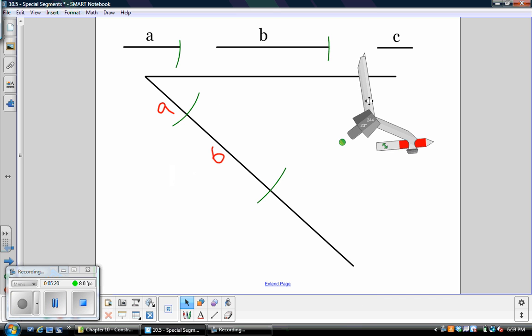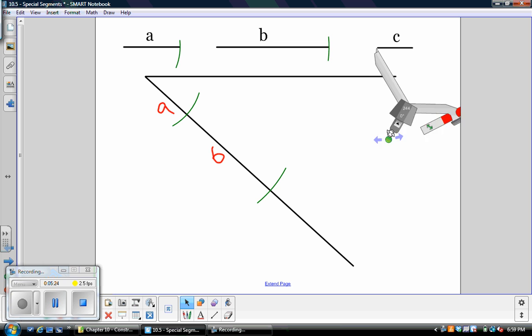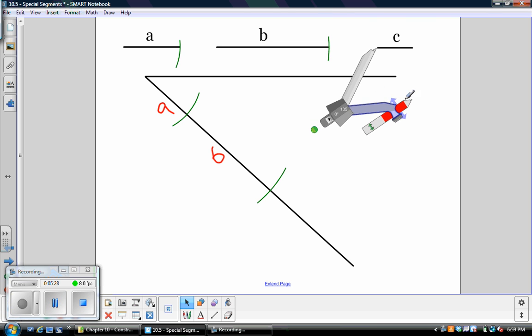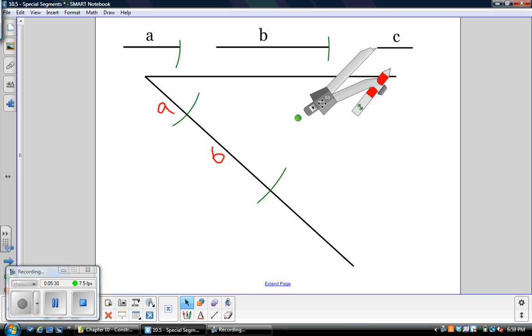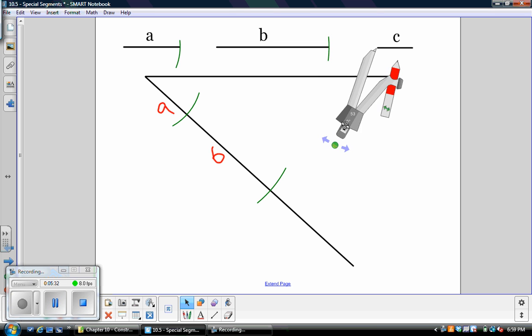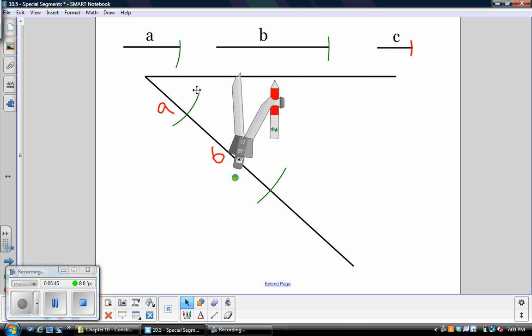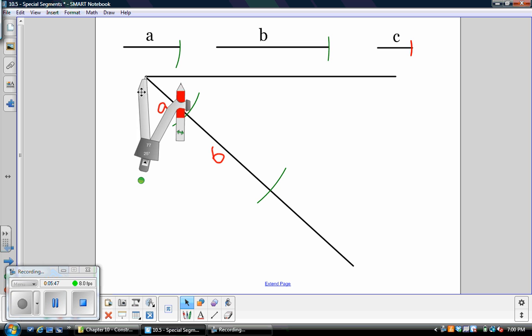On the other angle, mark off C on the other side of the angle. So take your compass, make it a little bit smaller, rotate it up so that I get the length of C. I copied that segment here.